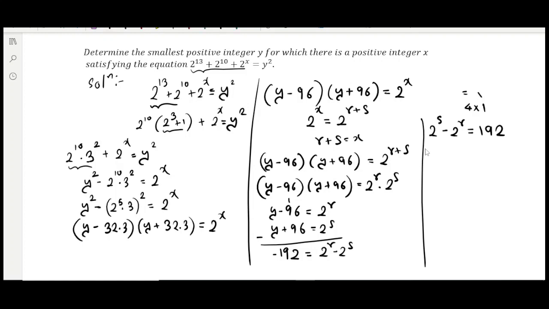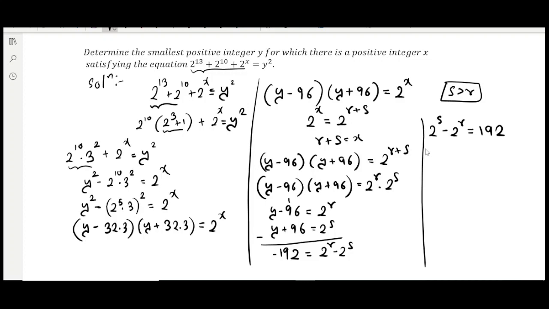Now note one thing here, that we have considered s greater than r, correct? That's why we have equated y plus 96, which is larger since y is a positive integer, to 2 raised to power s, and the smaller term y minus 96 to 2 raised to power r, right?